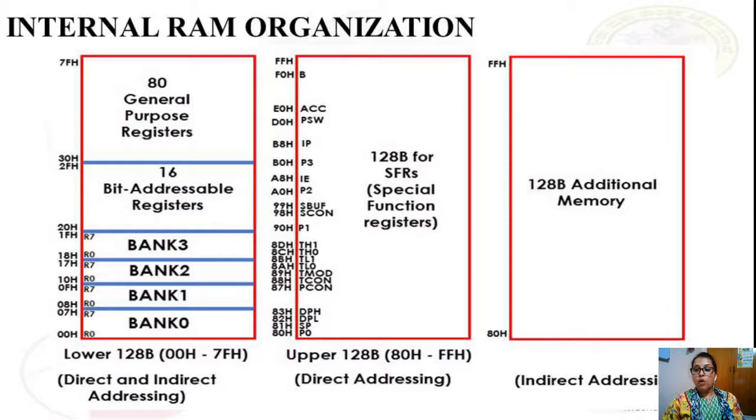So the lower 128 bytes, that is from 00H to 7FH, can be addressed directly or indirectly. But the upper 128 bytes of RAM, that is from the memory address 80H to FFH, are allocated for special function registers.